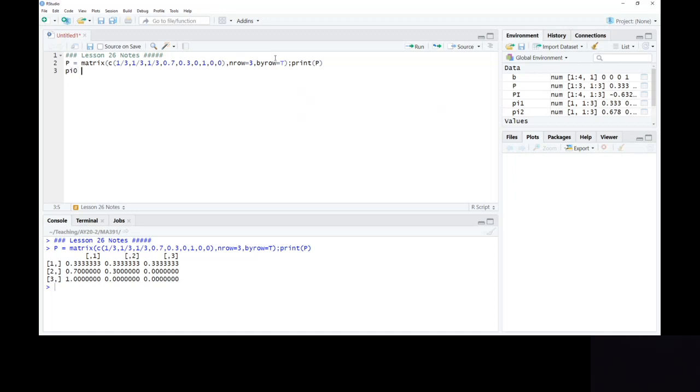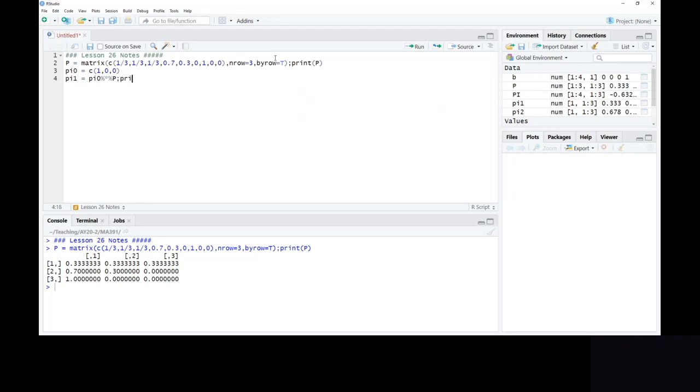Pi 0 is equal to, that's the one where we said it was 1, 0, 0. And then we let pi 1 equal pi 0 times, and it's not just a regular times. Remember, you've got to give it this percent times percent for it to do matrix multiplication. And believe it or not, R knows if you put it on the left-hand side that you're doing row. So it's pretty smart.